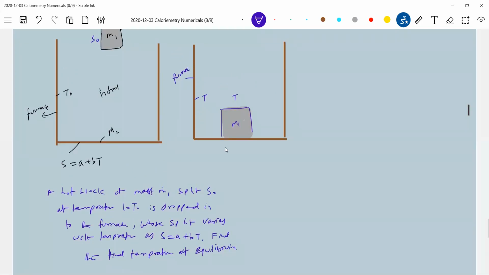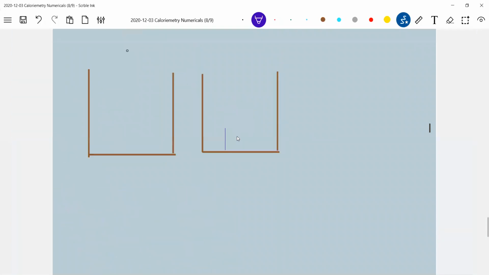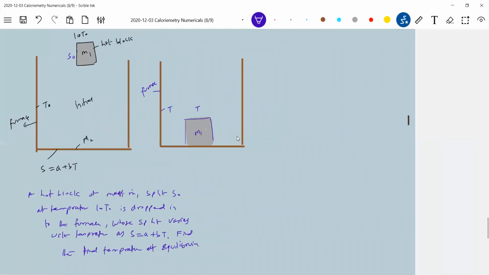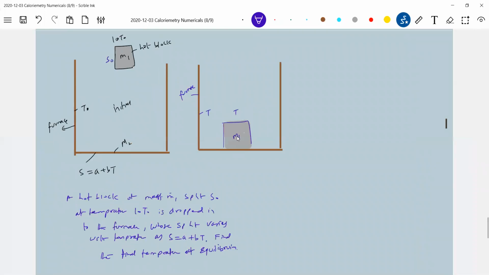Mass of the block, mass of the furnace, everything is given. How to do this? Specific heat is varying. Who will gain it?